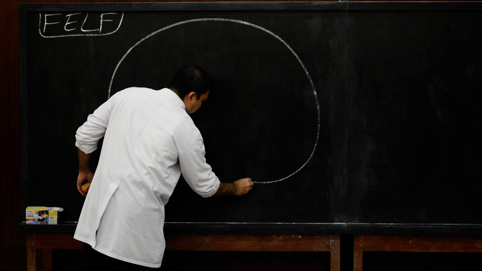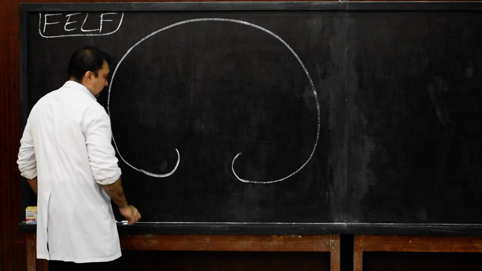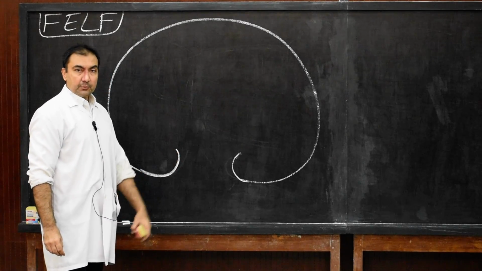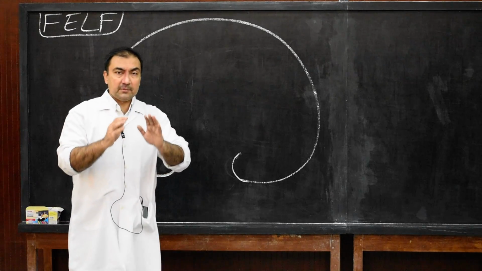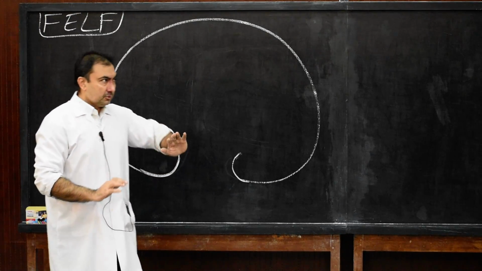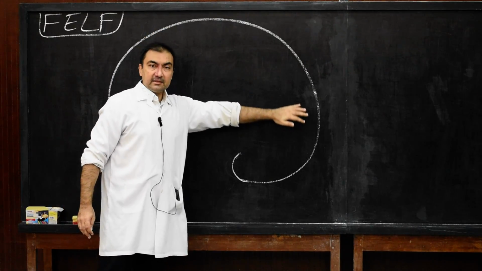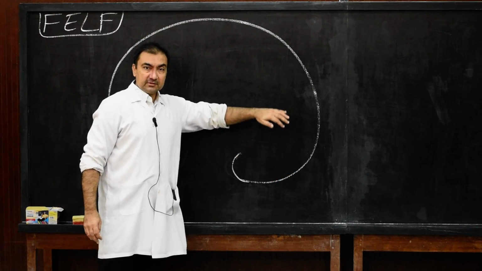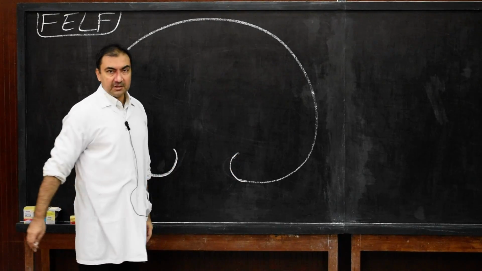So let us fold this proximally in this direction. Now this folding is very important. This folding is known as amnioectodermal junction. So this is the amniotic membrane, the cells which are lining the amniotic cavity, which is also called amnion, and this will be the amnioectodermal junction.